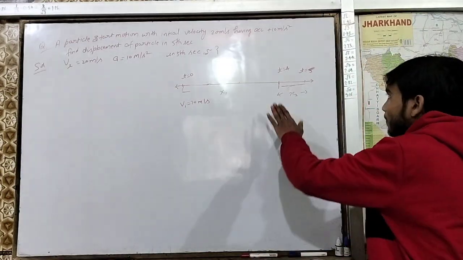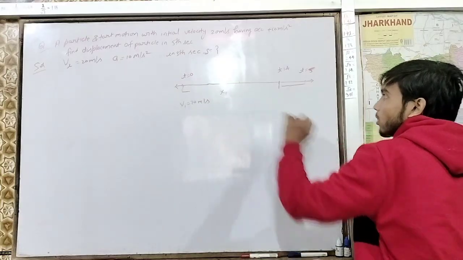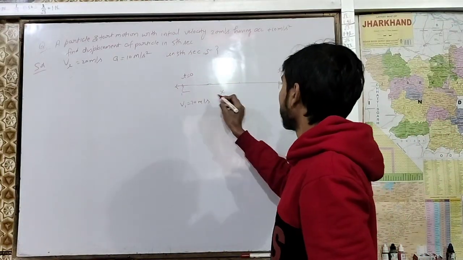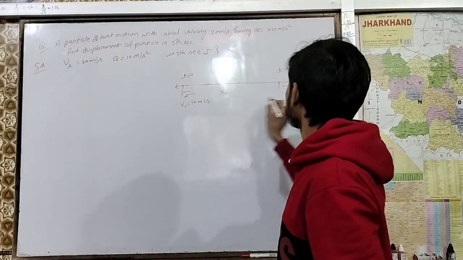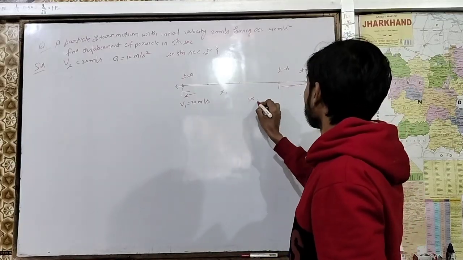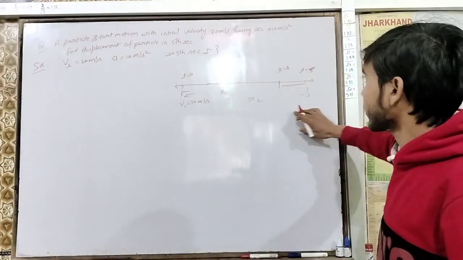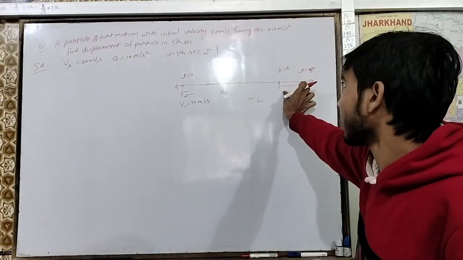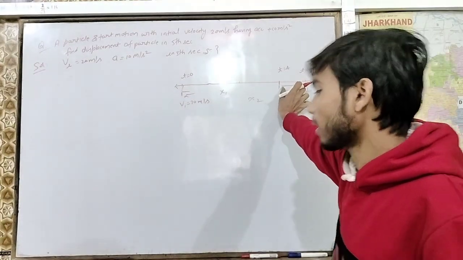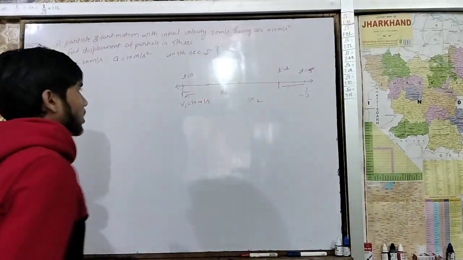This will be your x1, and complete from 0 to 5 will be your x2. When you subtract x1 from x2, you will get this part.